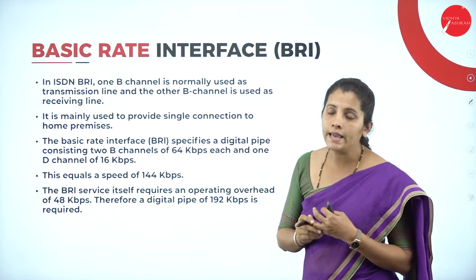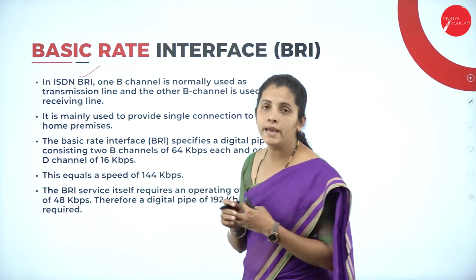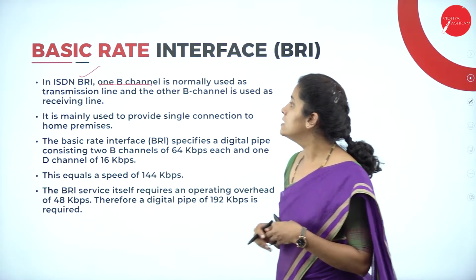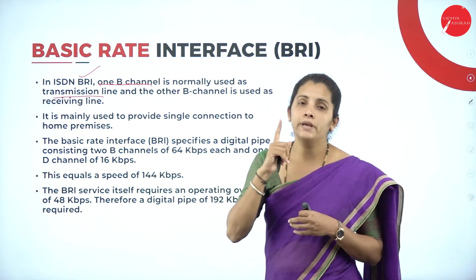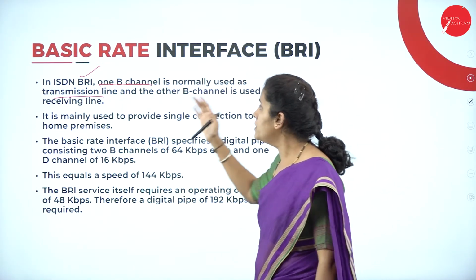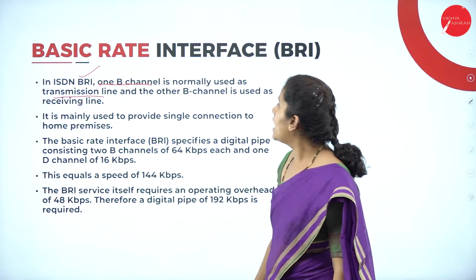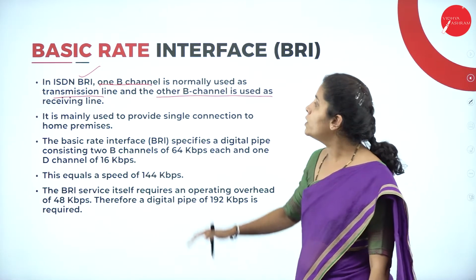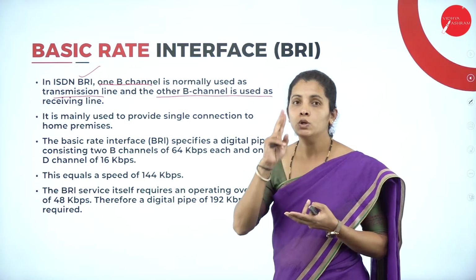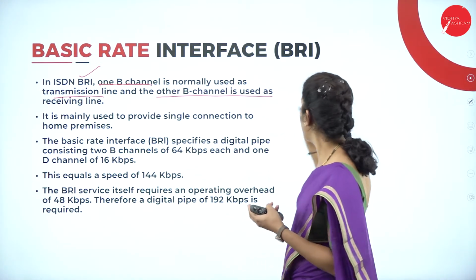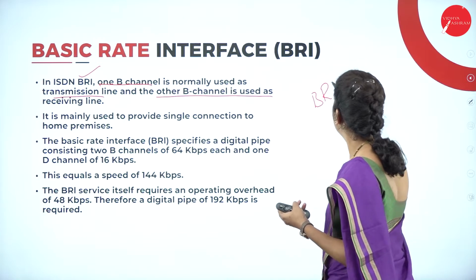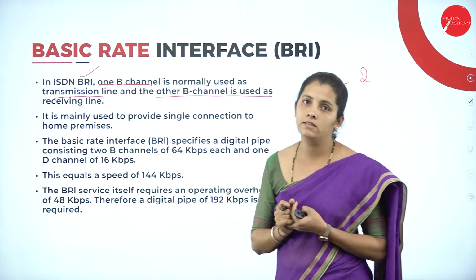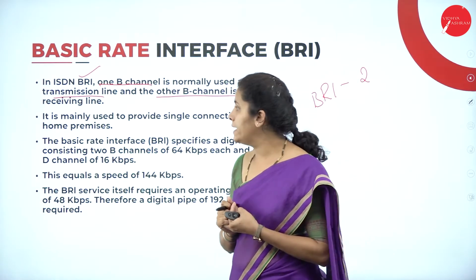So the ISDN BRI makes use of two B channels. One channel is normally used as the transmission line and the other B channel is used for receiving signals. That means in BRI, we are going to have two B channels, in which one channel is used to send data and the other is used to receive data.